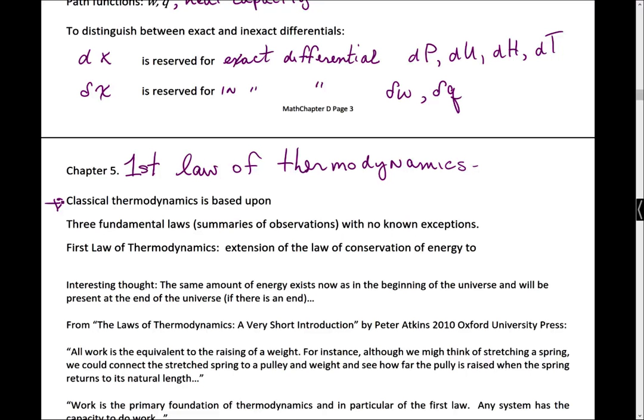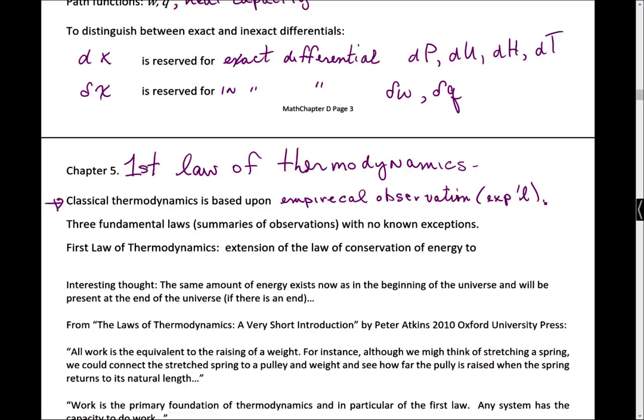So just to set the stage, what we know is that classical thermodynamics was all determined in the mid to late 1800s based upon empirical evidence or empirical observation. Basically experimental. Okay?